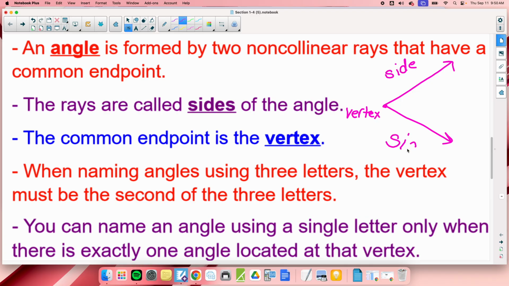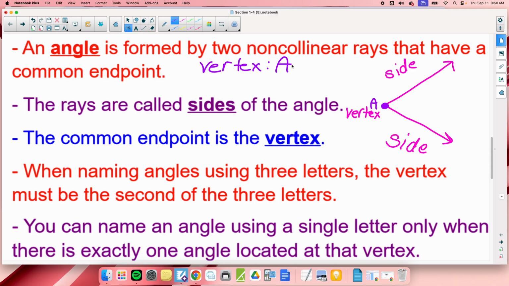One of the things they're going to ask you for today is to name the sides and name the vertex. The vertex is simply the point at which those two rays take off. So they'll ask you to just name the vertex. The vertex is just A.